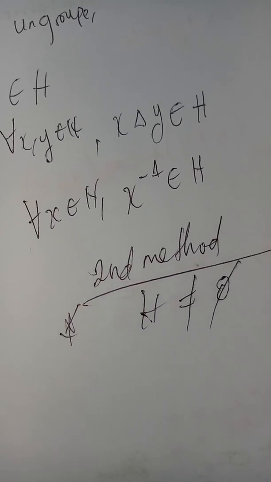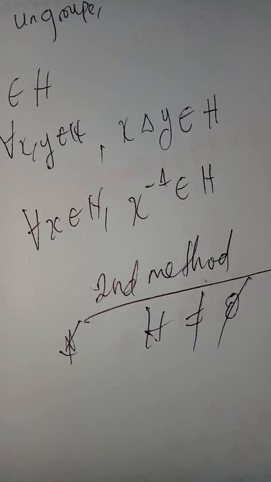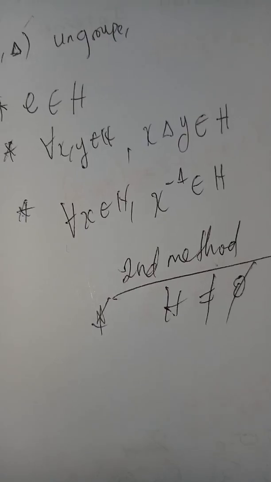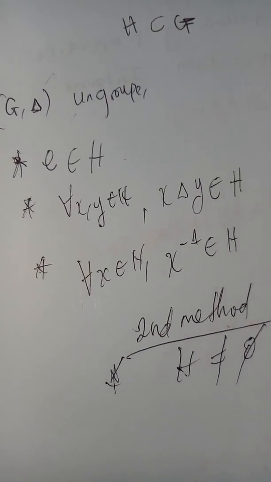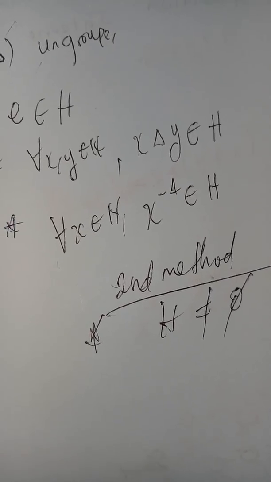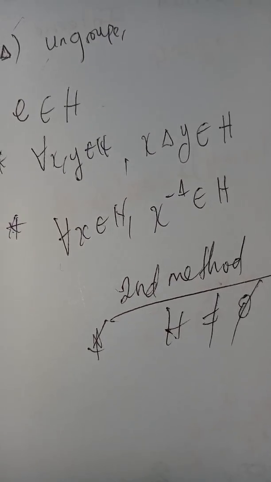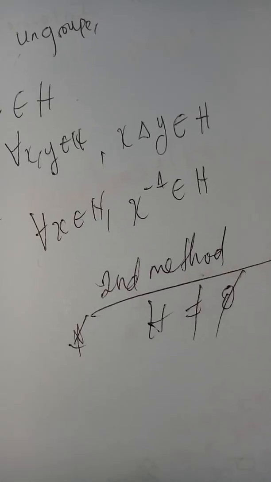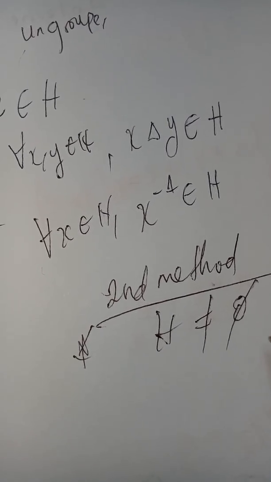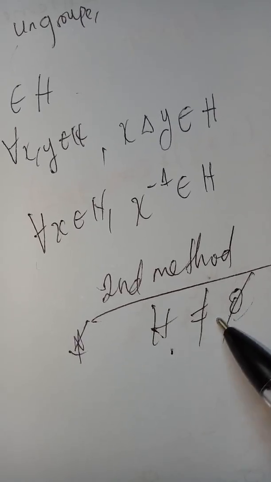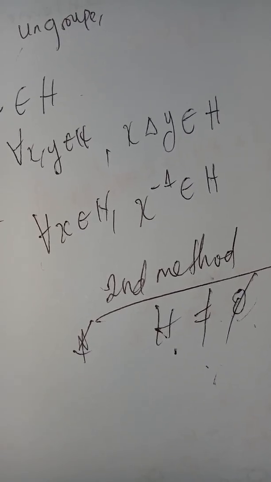That's like H should contain at least one element. We can also use the élément neutre here to prove this, because if I can find an élément neutre in H, it means that H is not an empty subset. So the first thing to prove is that H is different from the empty set. So we say H différent du vide. That's how we note it.